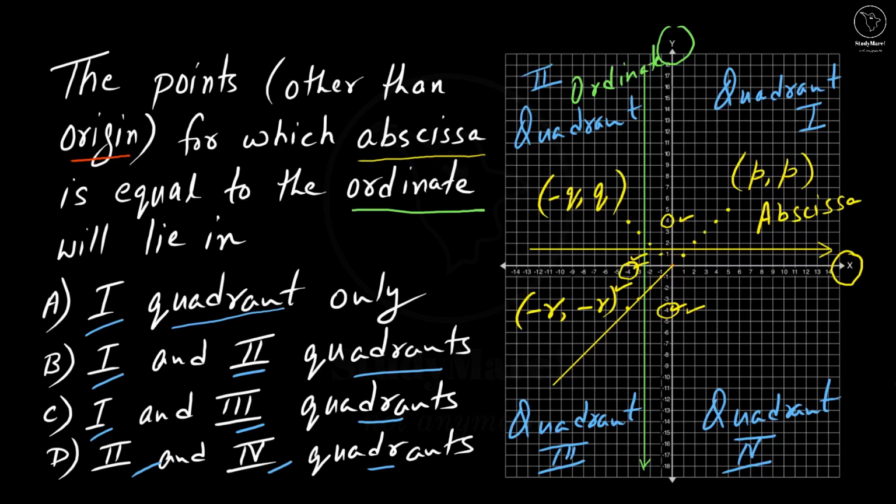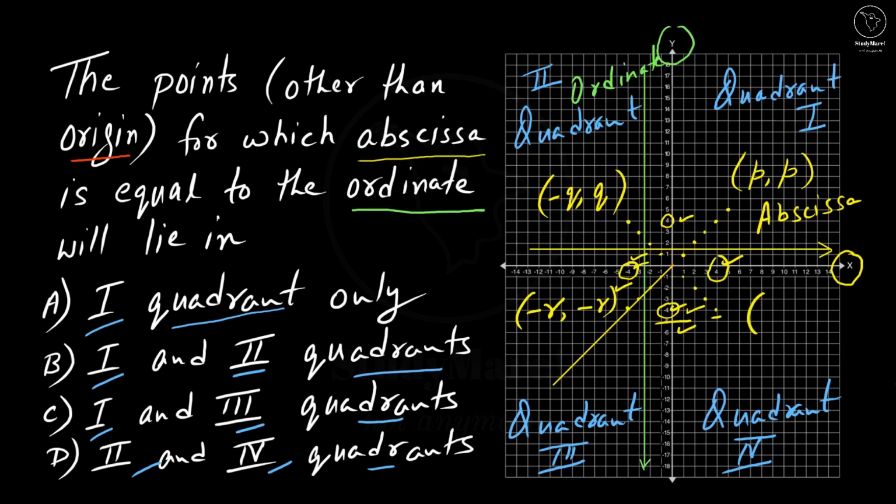Now moving on to the fourth quadrant, you can see that we have 1, -1 over here, 2, -2 over here, 3, -3 over here, 4, -4 over here, which means if we generalize here, then this 4 got its value from here, and this -4 from here.